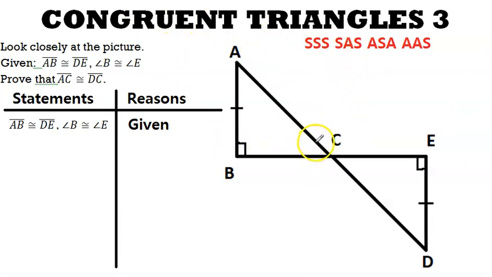We actually have another set of matching angles, and that's going to be the ones here and here. Now, I'm going to name them, and you have to be specific with your name.